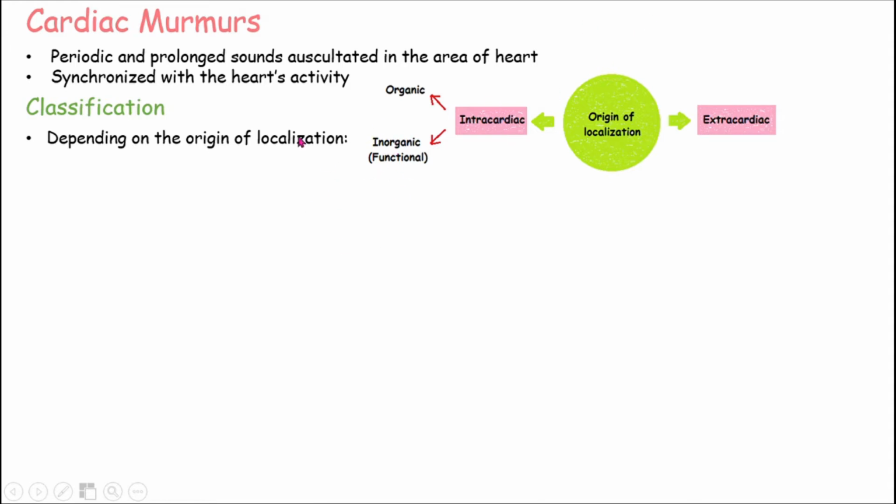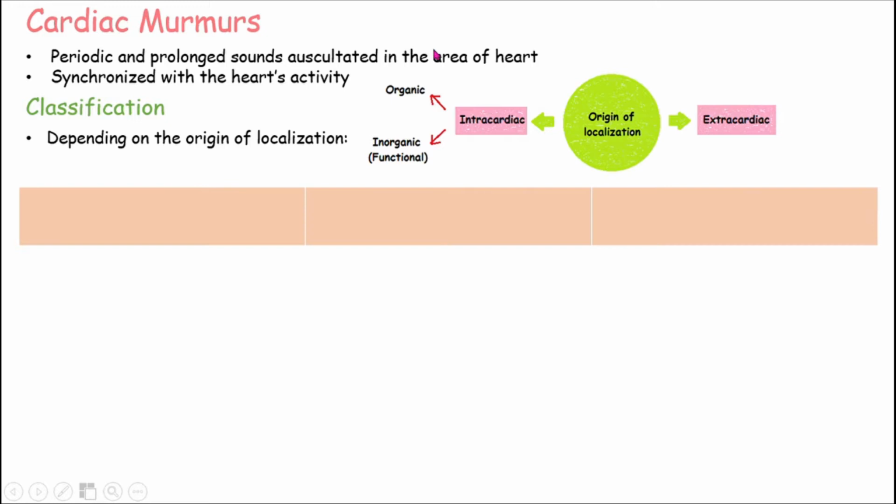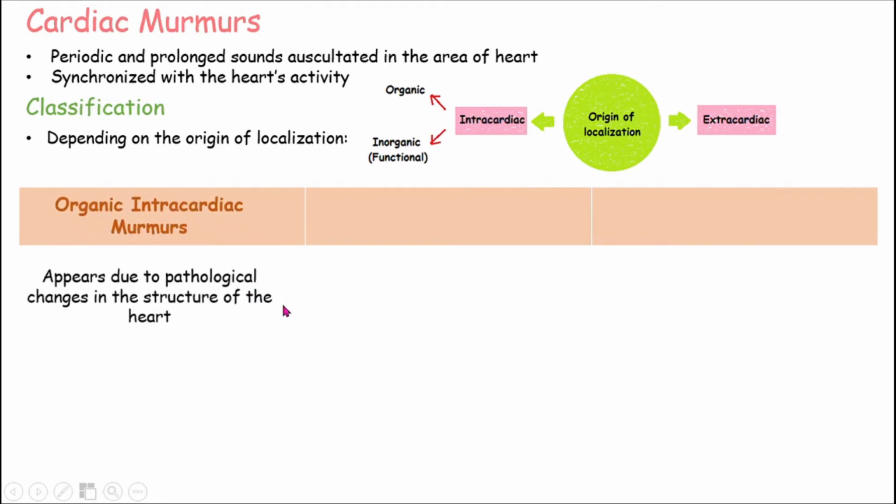And let's see first of all about organic intracardiac murmurs. These murmurs are due to any structural changes of the heart and which are pathological. And let's see some basic clinical variants of these organic intracardiac murmurs.